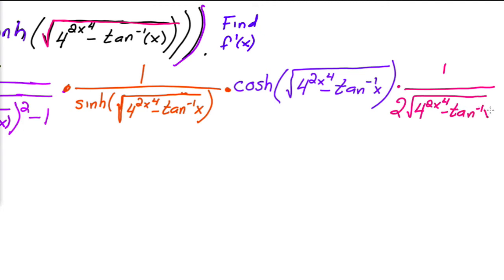See, it's like a little shell that you just keep cracking at. And then times, now I've run out of room, so I'm just going to put the derivative of this inside right on top.